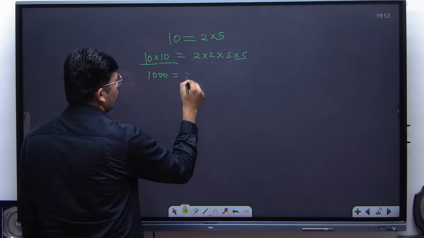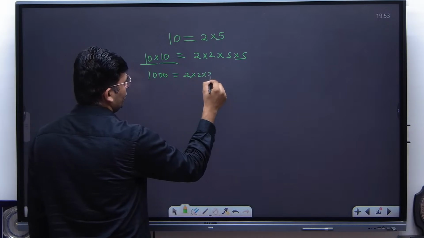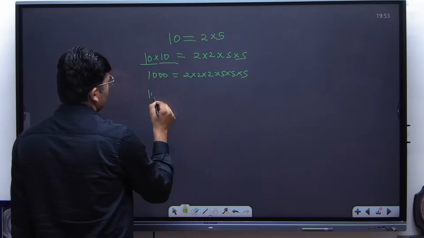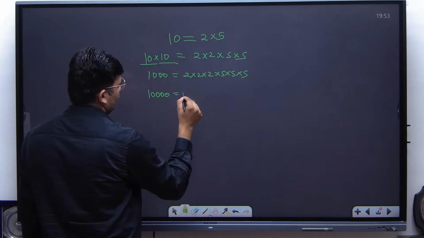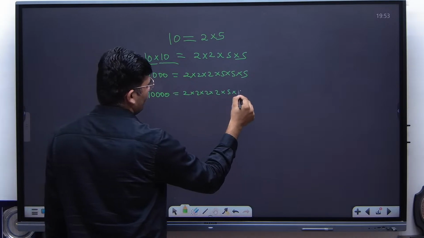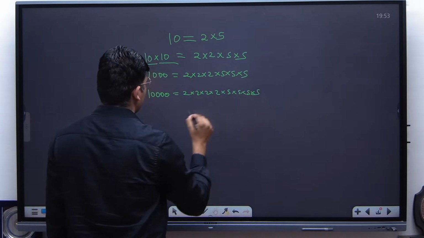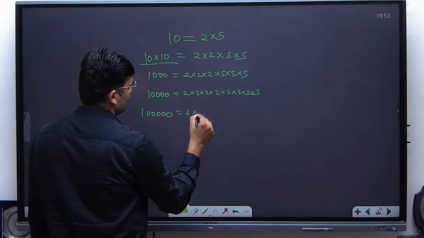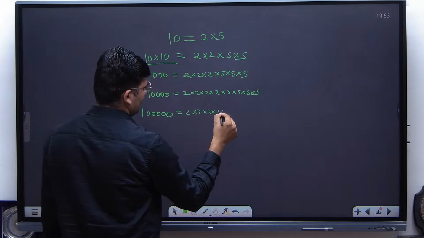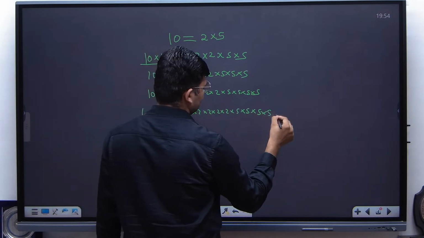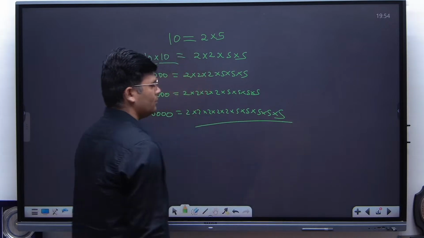For 1000, how many 2s you will get? 3 twos and 3 fives. For 10,000, you will get how many 2s? 4 twos and 4 fives. For 1 lakh, 5 twos. No, 6. Please write this down.